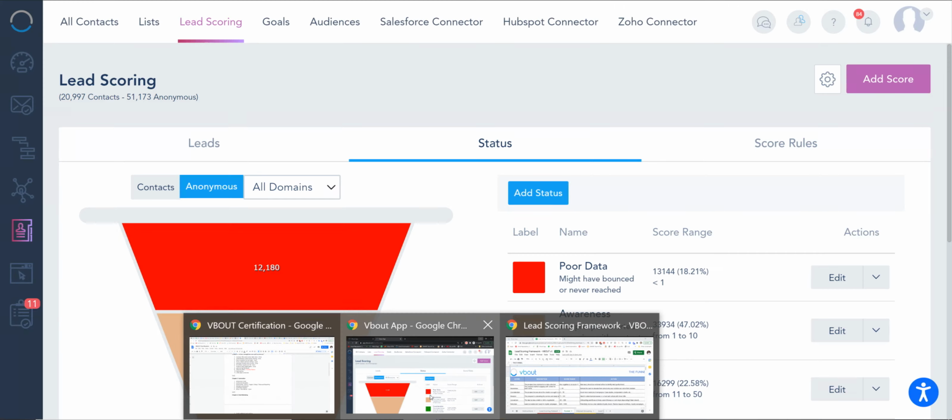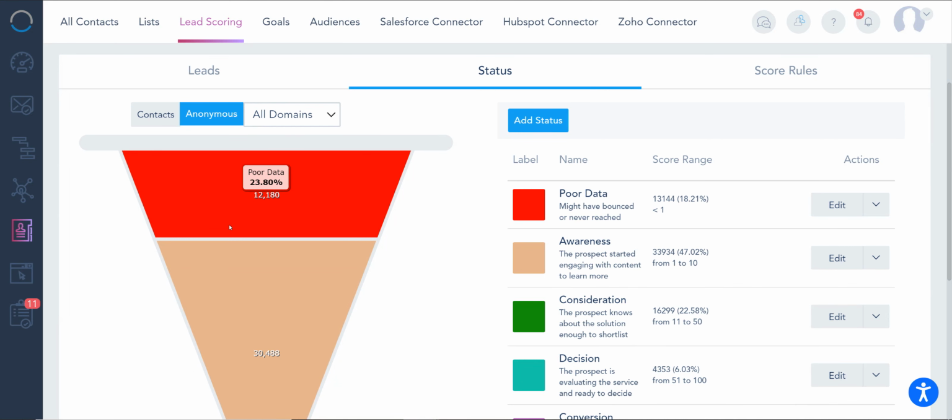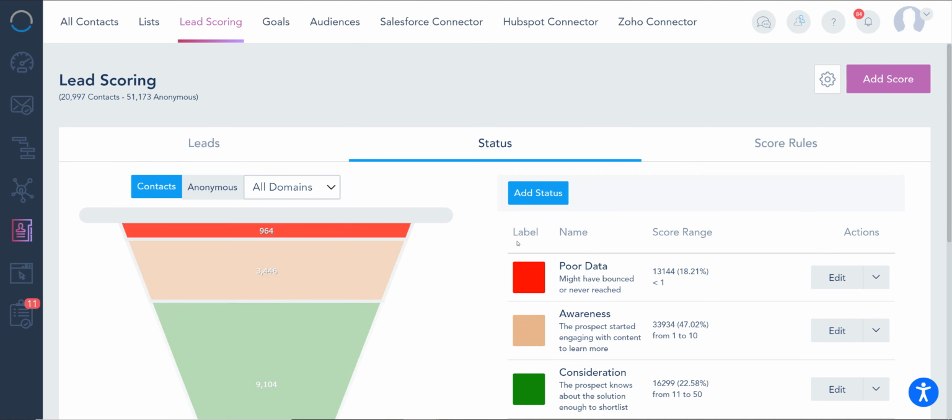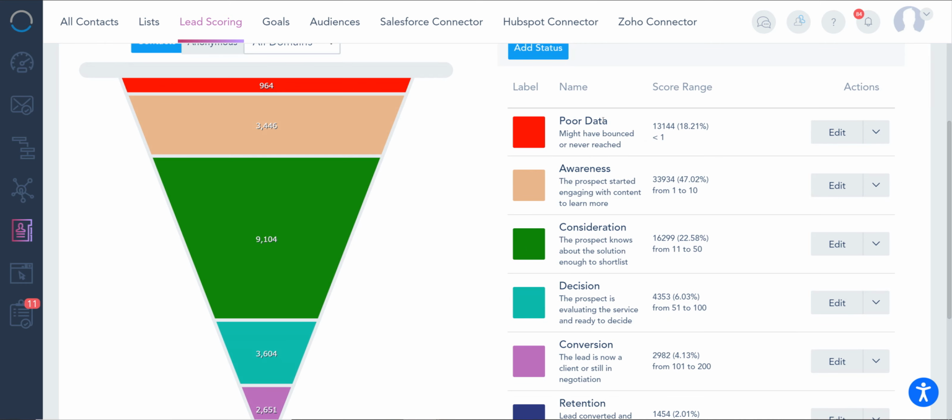And if I would just go into my account from the left under contacts, lead score, you'll be able to see how we followed that same structure. Anything in poor data has below 1 score. Between 1 and 10 is an awareness phase. Consideration is 11 to 50.